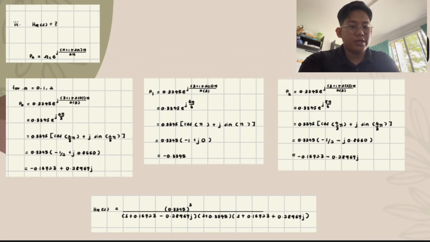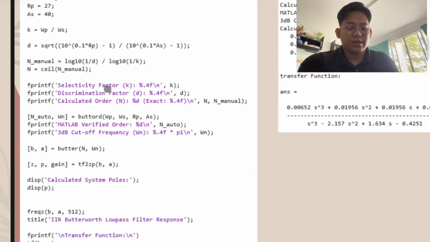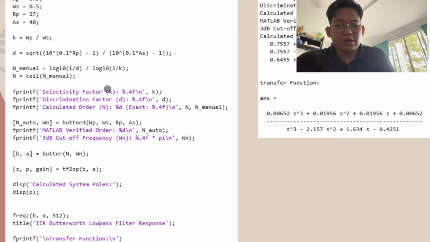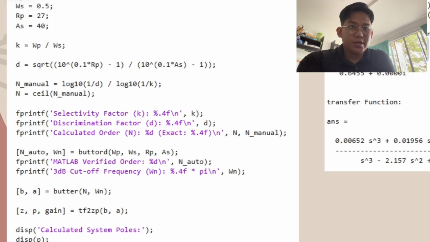We're going to validate the questions using MATLAB. So this is the MATLAB coding. For the K, D, and N, we type the code same as the formula that we use.